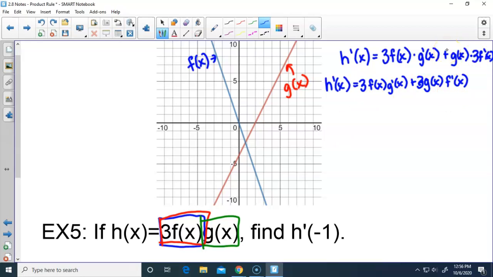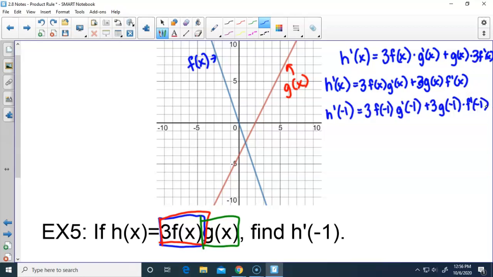If we want to find h prime of negative 1, that means we're plugging in negative 1 for all of our x's. So we've got 3f of negative 1 times g prime of negative 1 plus 3g of negative 1 times f prime of negative 1.